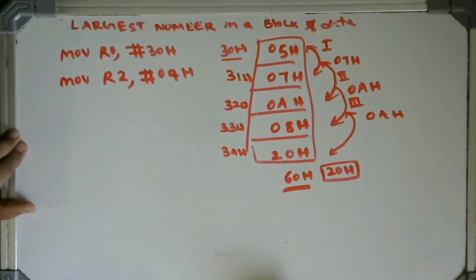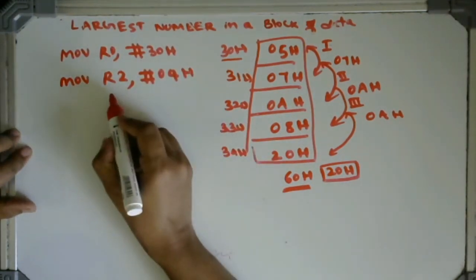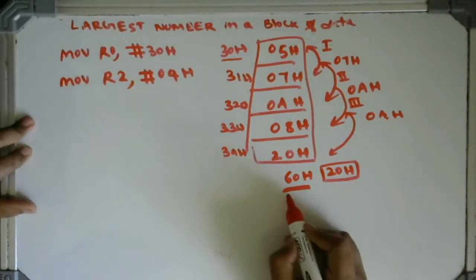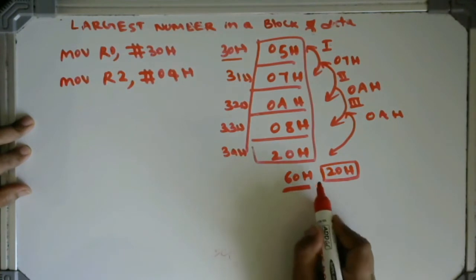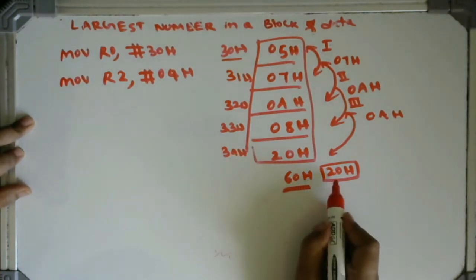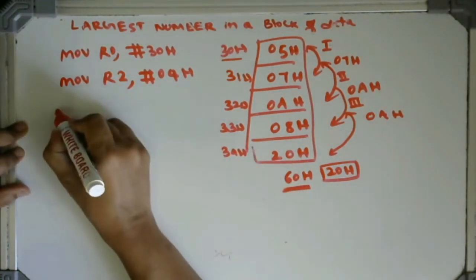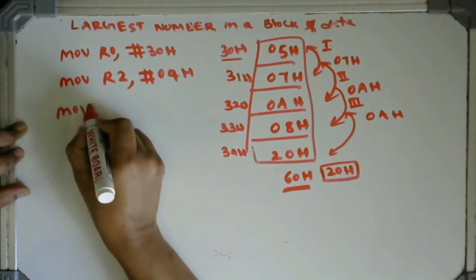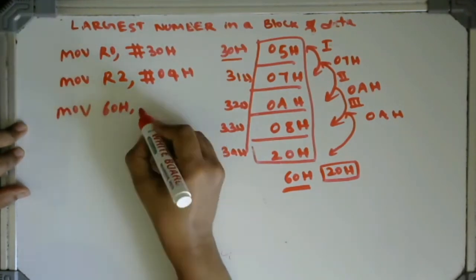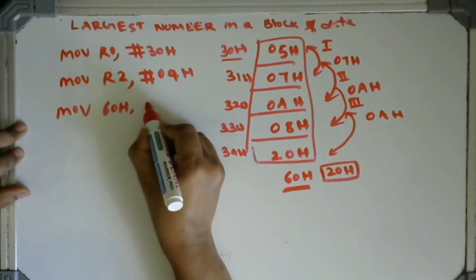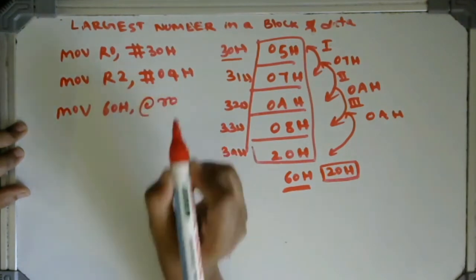Next we'll load the first data into 60H. As I told earlier, we'll keep 60H as the reference location to store the data. For that the instruction is MOV 60H, @R0.